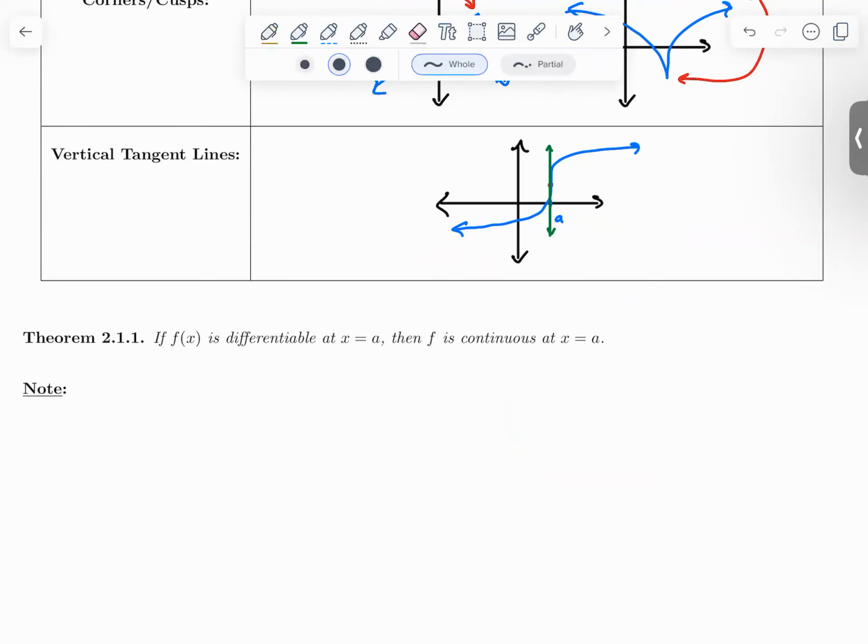So that brings us to a theorem that says that if a function is differentiable, then it must be continuous. So differentiability implies continuity. The other direction is not necessarily true. Note number 1 is that the reverse is not true.